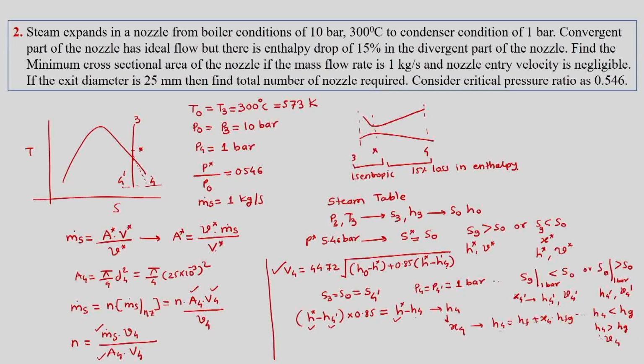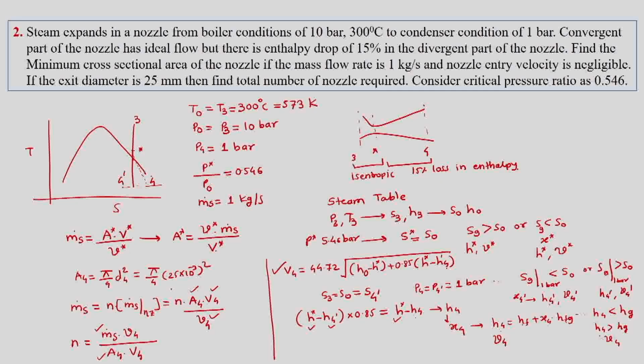Now we know H4, we know HF, we know HFG corresponding to 1 bar, and then we can find out X4, and then using the specific volumes for the liquid and vapor at the saturation state, we can find out V4.